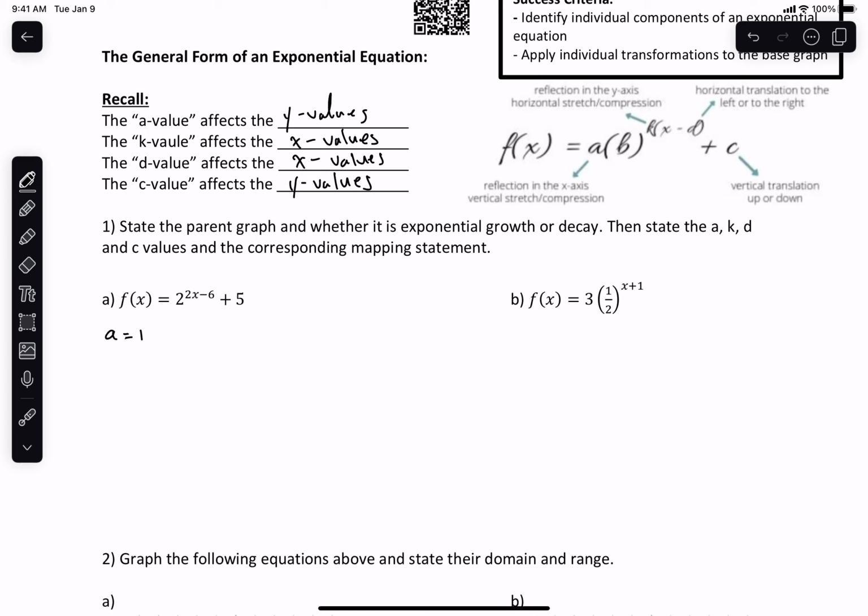But there's no number out front, so the A value is 1 in this question. The base graph here would be f of x equals 2 to the power of x, and we're transforming it using the transformations that are depicted there.